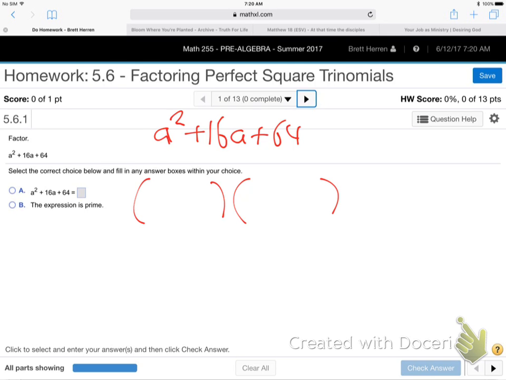What goes in the front of each of those parentheses? A. And then what goes in the back of each of those parentheses? 8. Because 8 times 8 is 64, and they add to be 16, right? Remember we do the multiply, add thing? Two numbers that multiply to be 64 and add to be 16. That'd be 8 and 8. And that's our answer.